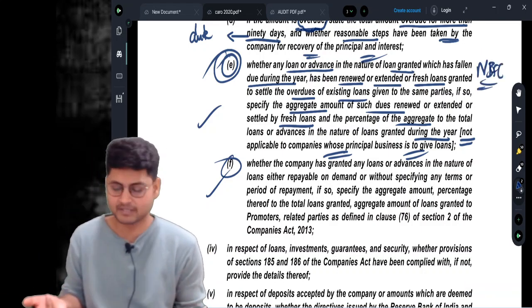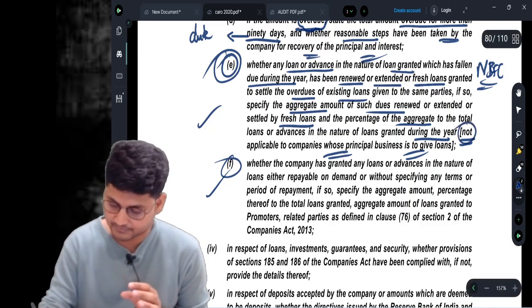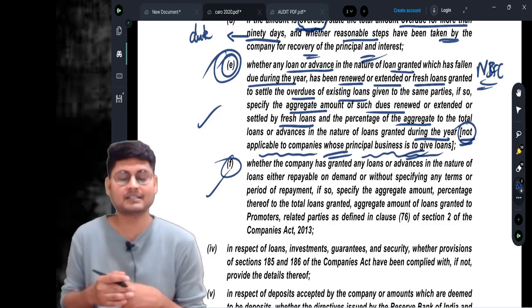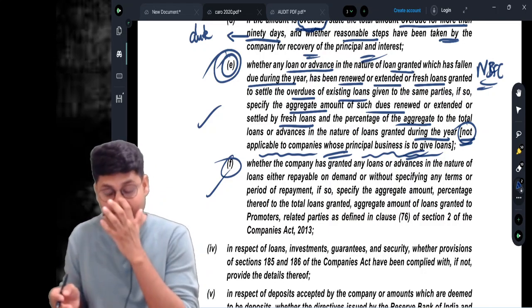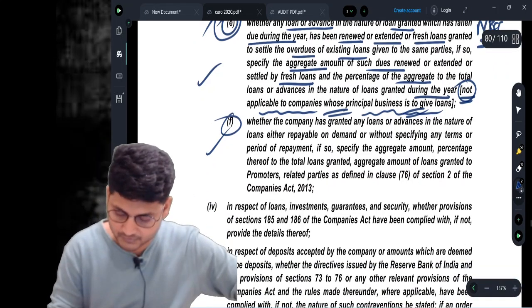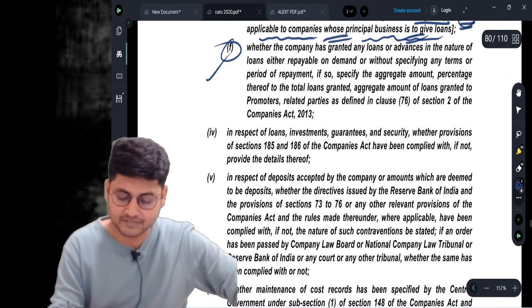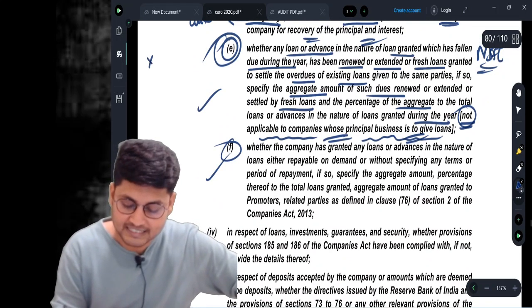Anyway, for a banking company it is not applicable. For an NBFC also it is not applicable because clearly it is mentioned in subclause number E that it is not applicable for those companies whose principal business is to give loans. Okay, done. Last point. See, for NBFC, whatever is there in clause 16 is applicable.